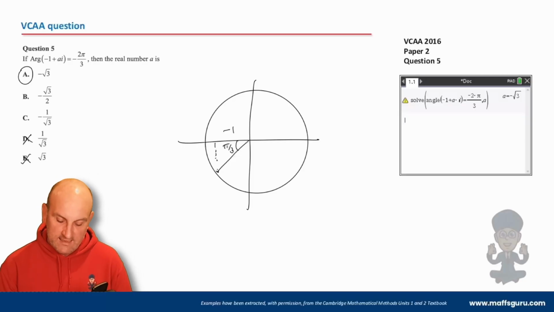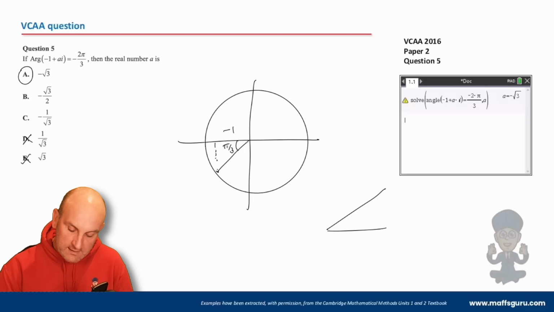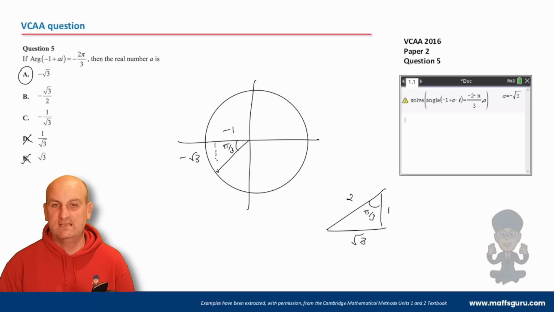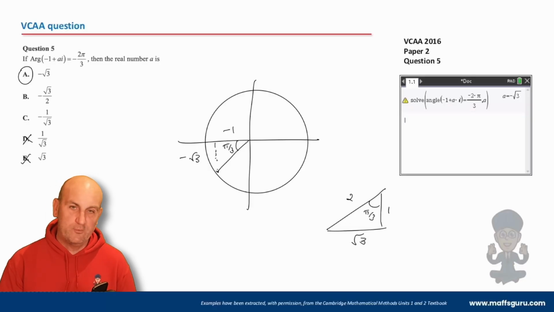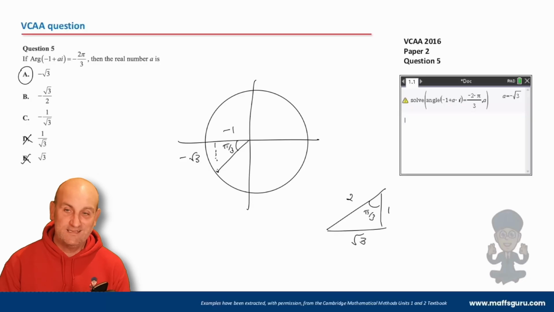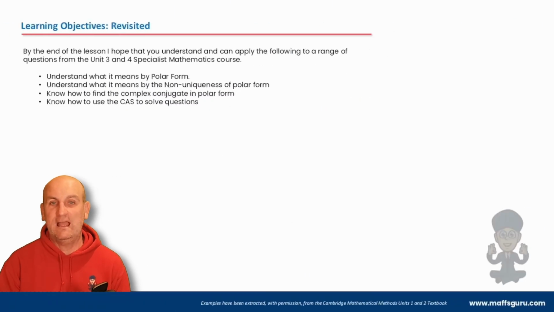That's pi on 3 and root 3, so the only way that fits is if that one there is root 3, and it has to be negative, so A is my answer. Lots of people will be able to look at this and go straight away, yeah, it's got to be minus root 3. That's fine, but here's another way of doing it, and I'm done!